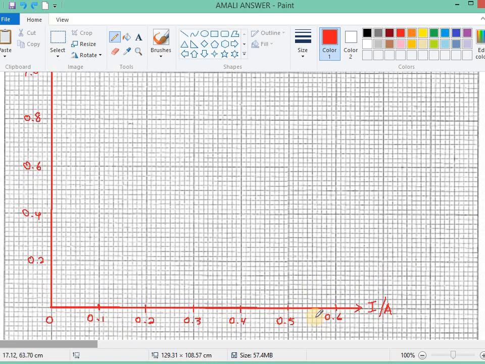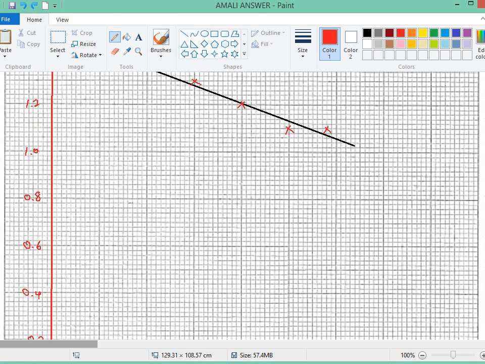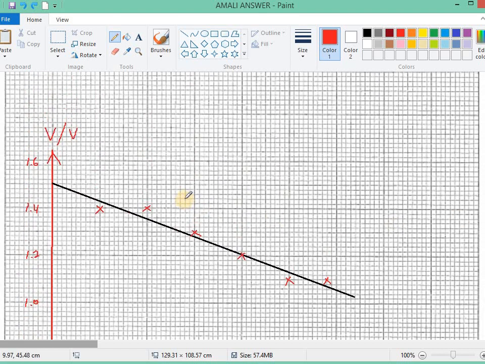After you have the scale, you must label the axis. In this experiment, it is voltage against current. So you use the symbol for voltage, V. Don't write the whole words, voltmeter reading or voltage. You write the symbol only.